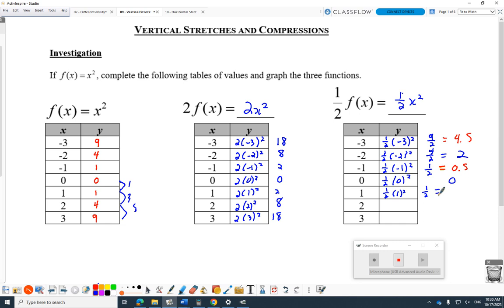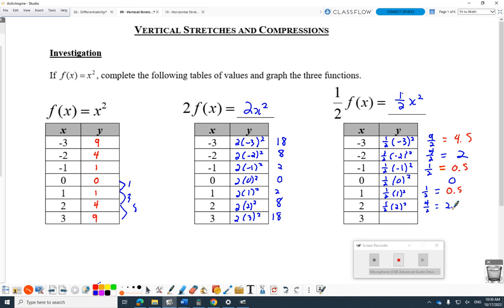But again, we probably want the decimal to graph that thing. Half of 2 squared would be 4 over 2, which is 2.